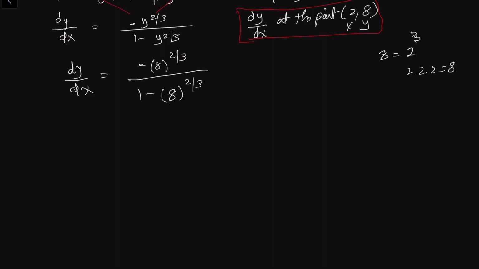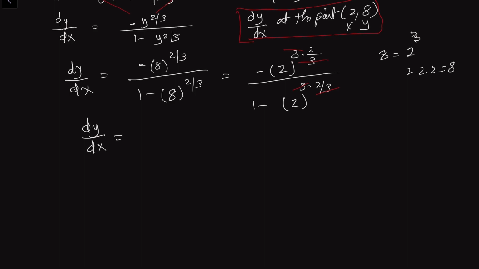So we can substitute for the 8 like this: minus (2^3)^(2/3) over 1 minus (2^3)^(2/3). The 3 will cancel out, and it leaves us with dy/dx equal to negative 2 squared over 1 minus 2 squared.